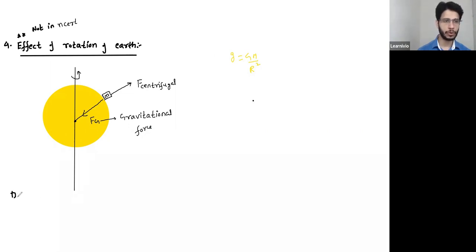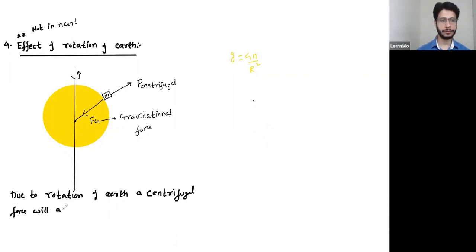So due to rotation of Earth, a centrifugal force will act on the body away from the center.